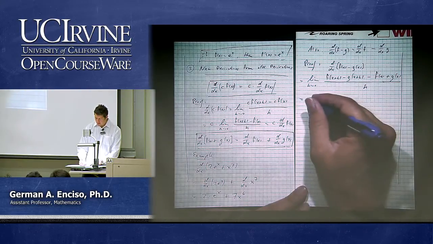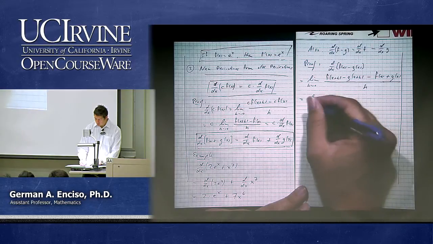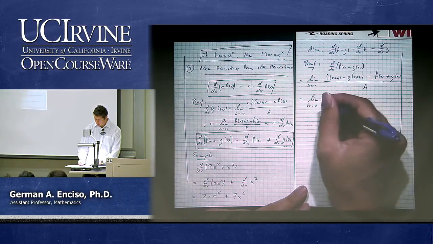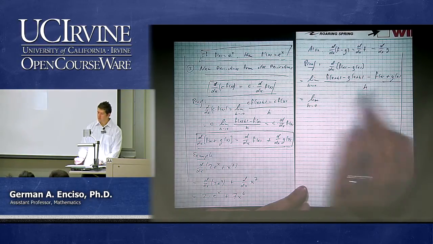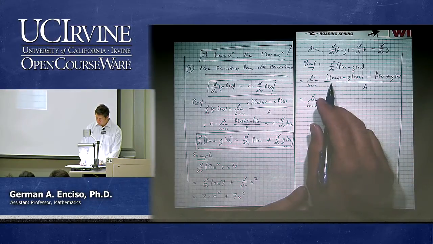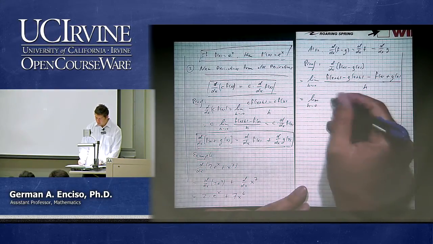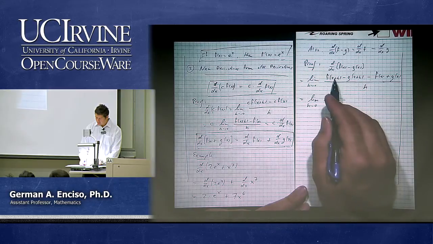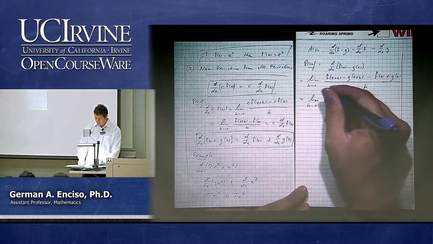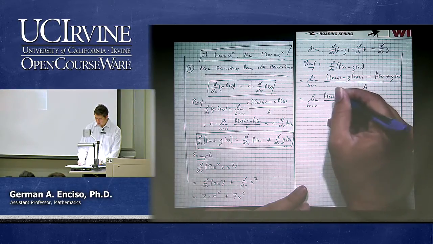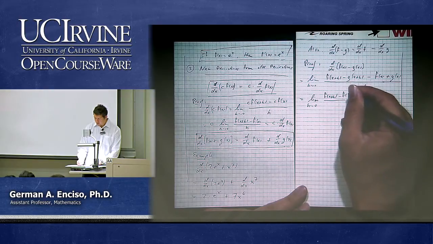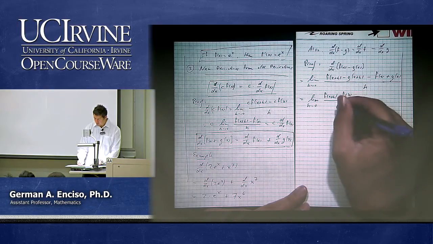But we can write this down as the sum of two limits. In this case, we can break this down into two parts. We can take this part and this part: f of x plus h minus f of x divided by h.